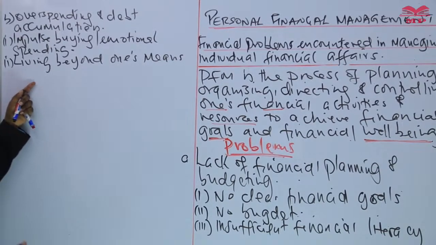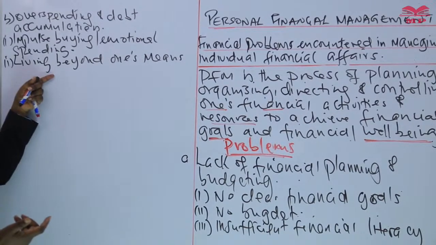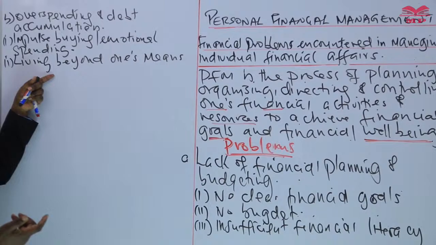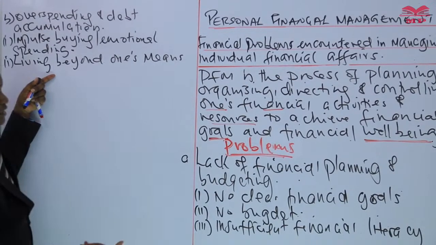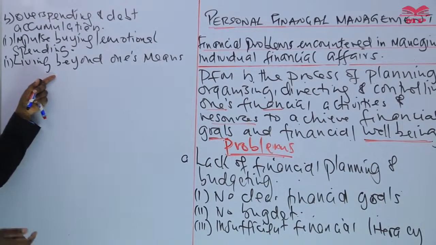If I earn 30,000 per month, then my monthly expenditure should not exceed 30,000. If I spend more than 30,000, I am living beyond my means, because my means in my example is limited to 30,000 shillings. So living beyond one's means can lead to financial hardships.